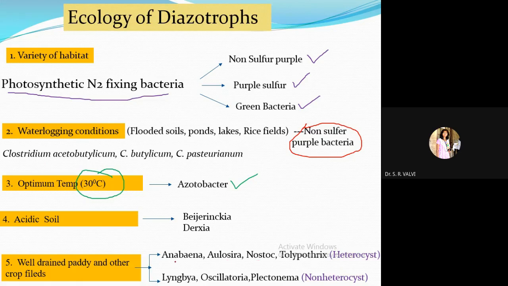All these four kinds of algae are present in well-drained paddy fields. Among non-heterocystous algae, we have Lyngbya, Oscillatoria and Plectonema. These non-heterocystous algae are also present in paddy and other crop fields. Please do remember the names.